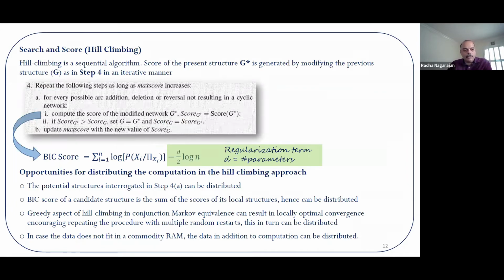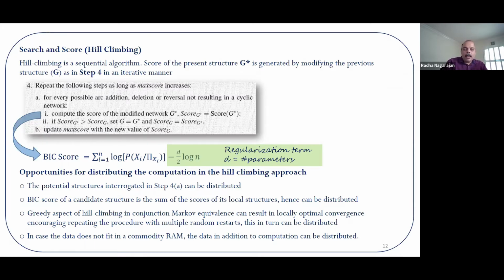For instance, the potential structure is a snapshot of step 4, which is shown there. For convenience, the potential structure is interrogated and it can be distributed. And the BIC score, for instance, one of the scores widely used in Bayesian structure learning, its functional form represents a sum of the scores of its local structures and can be distributed.